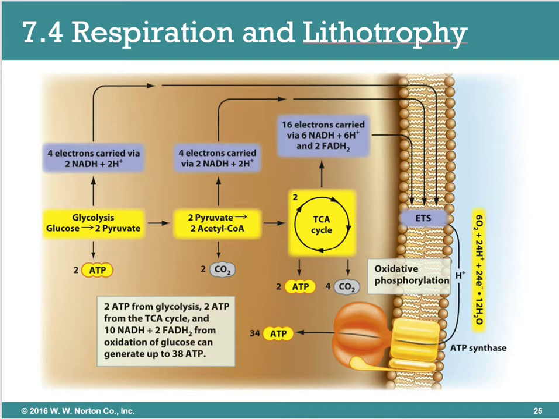So in glycolysis, we start with glucose and we make 2 pyruvates. And from this process, we pop off 2 NADHs and 2 ATPs. And then those 2 pyruvates will get changed into 2 acetyl-CoAs. From this process, we produce carbon dioxide as well as additional NADHs. These acetyl-CoAs then enter the TCA cycle, and we produce ATP and carbon dioxide again, as well as NADHs and some FADH2s.